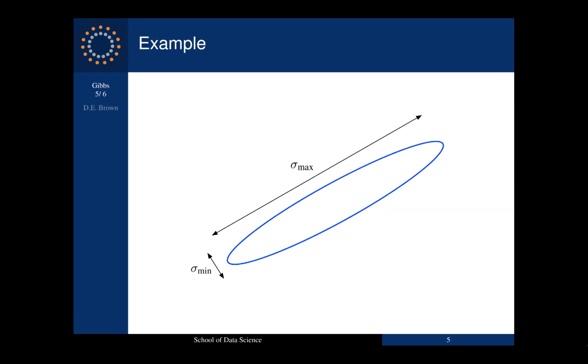So let's look at an example. We can see by this example that the search through this space, which in this particular case we represented by a contour of a bivariate Gaussian, is very similar to what we had in Metropolis Hastings.